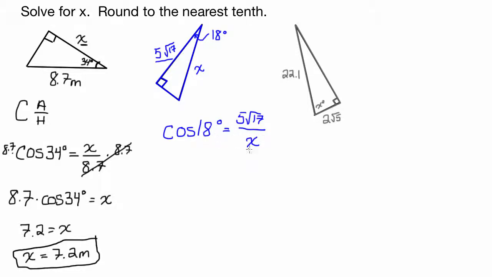Then these two can just flip positions, so you end up with x equals 5 root 17 over the cosine of 18 degrees.